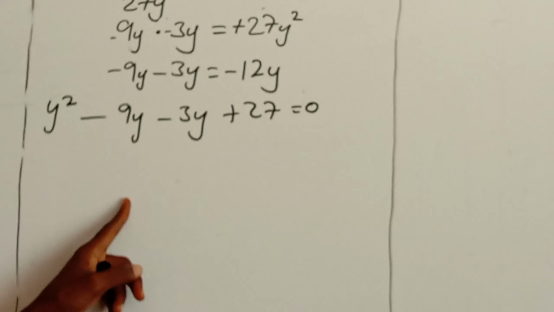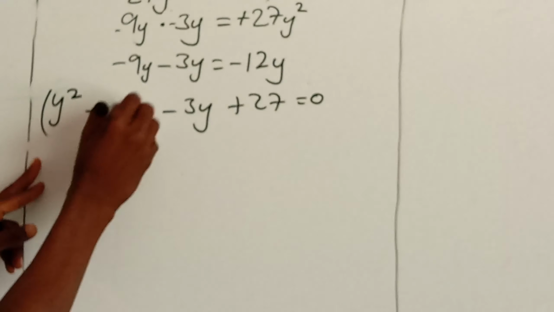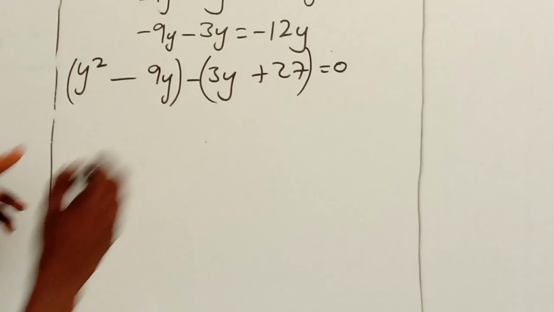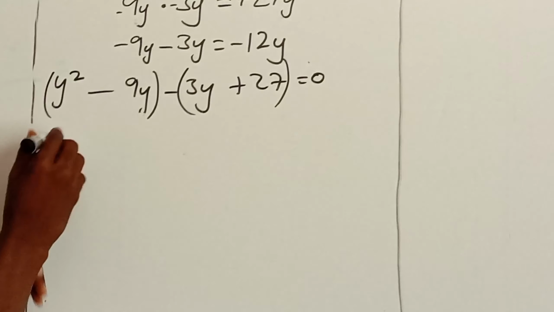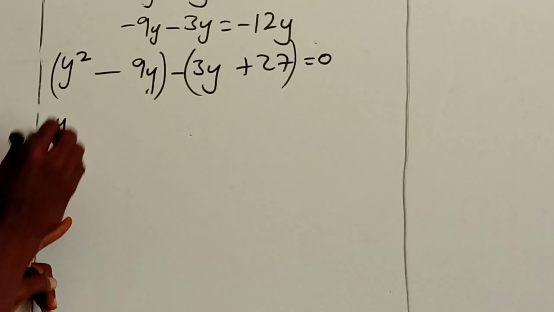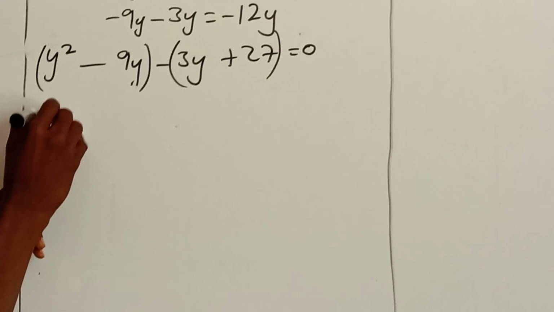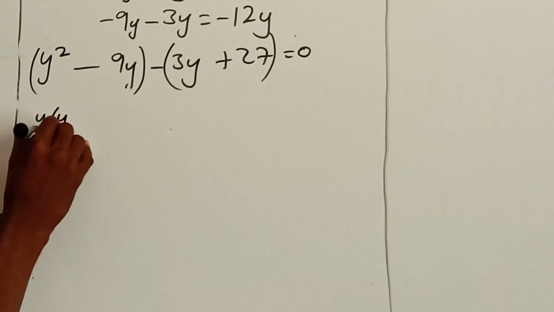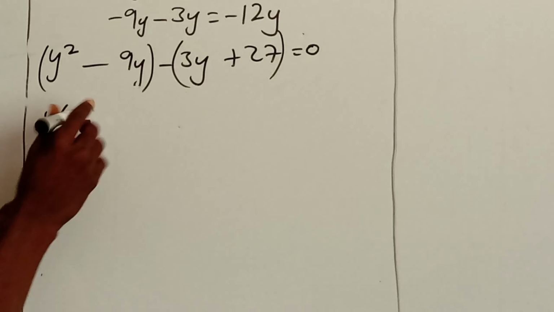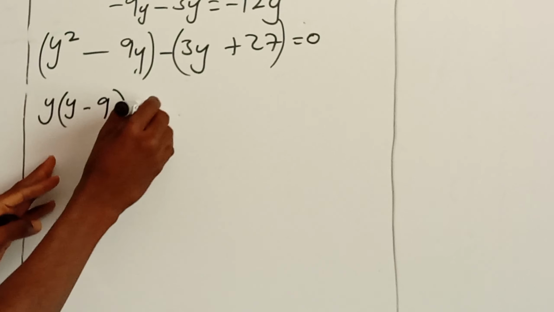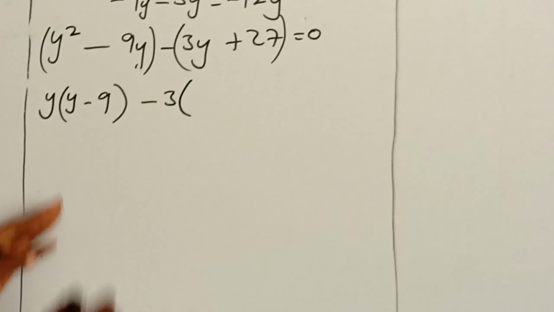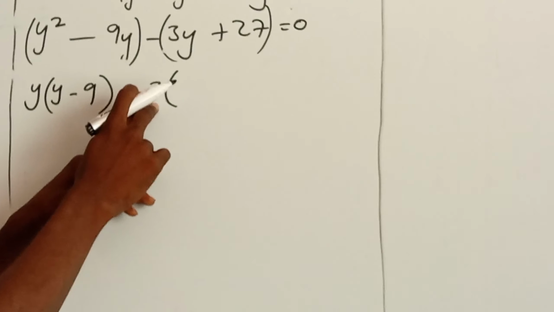So you group this into two brackets. So what is the common factor here? y. So y into y minus 9, since 9y divided by y is 9. Minus 3 into, the common factor is 3.